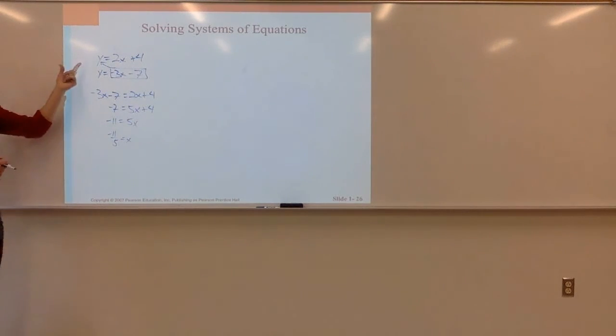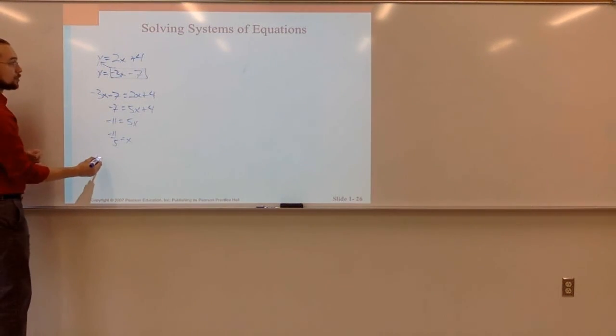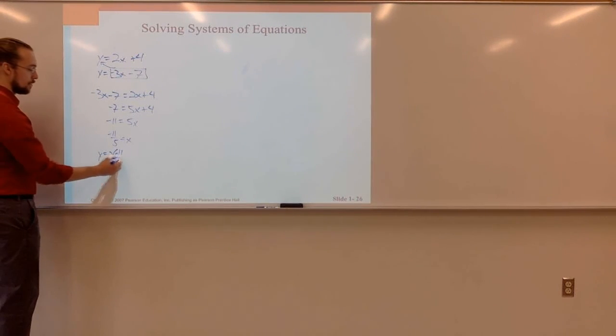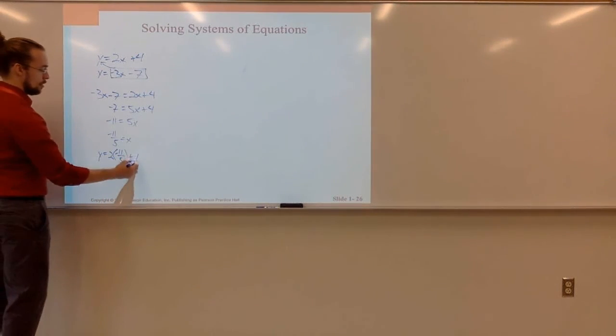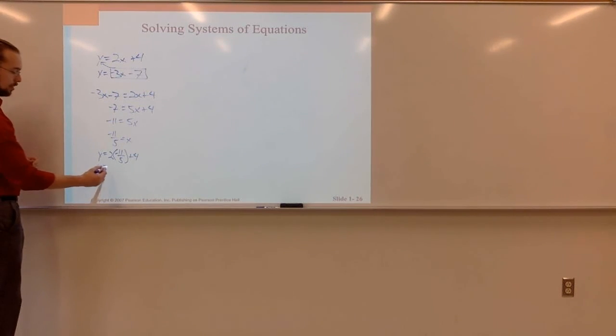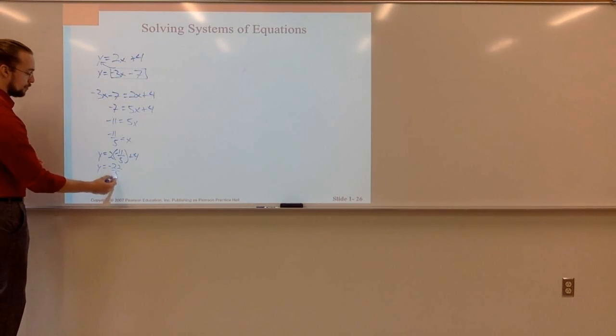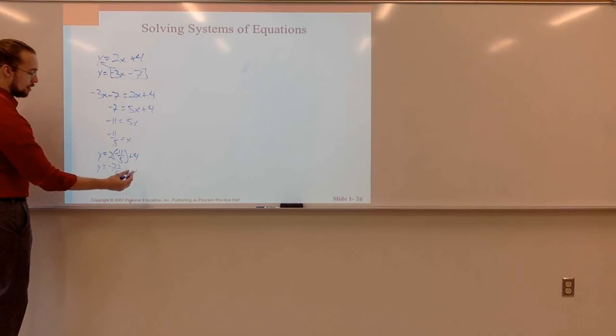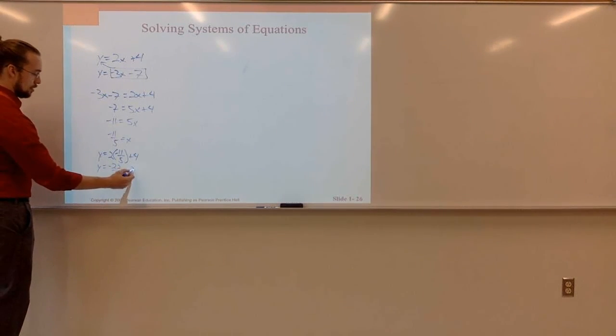Right? So it does not matter which equation I plug it into. So I'll use the first one since it's got all positive values. So 2 times negative 11 fifths plus 4. So negative 22 fifths plus 20 fifths.